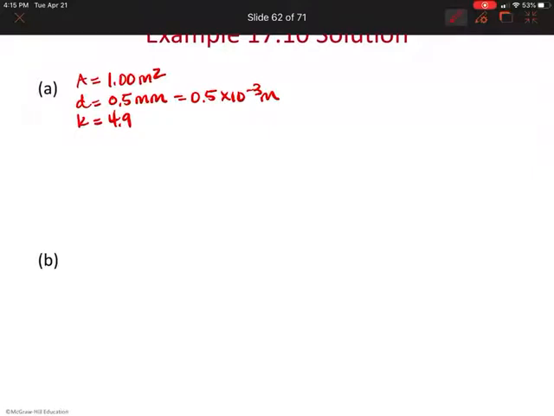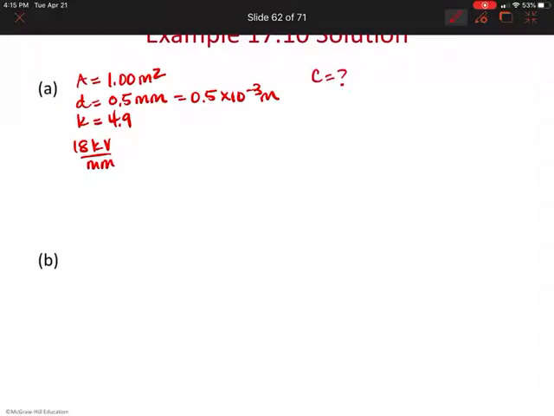In this particular example, it's giving you the constant. And the dielectric strength that it's giving you is 18 kilovolts per millimeter. We'll get to that in a minute.